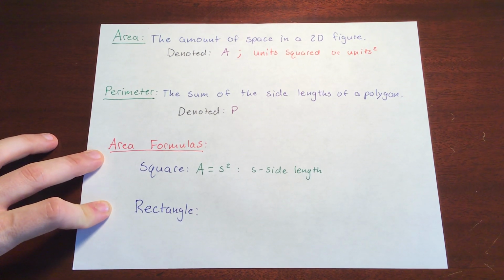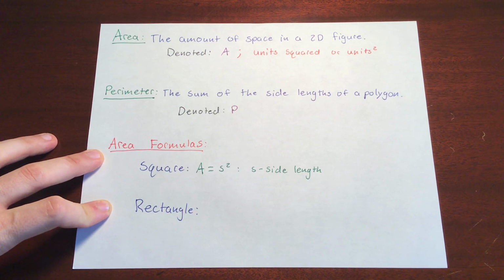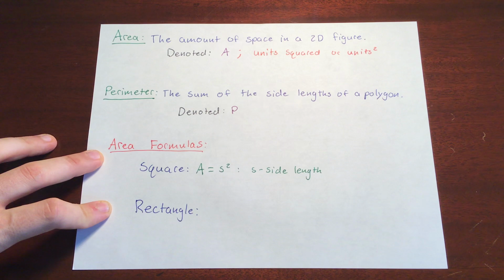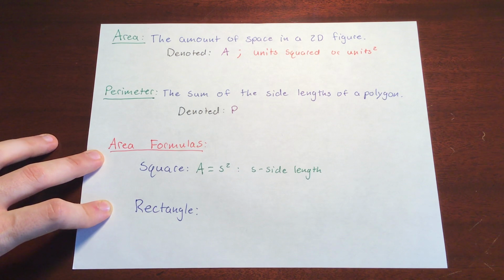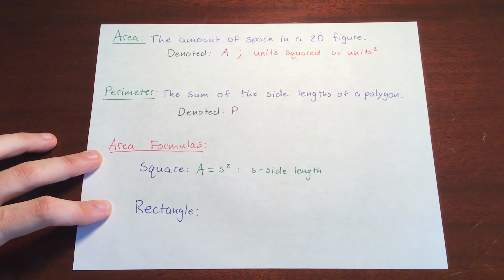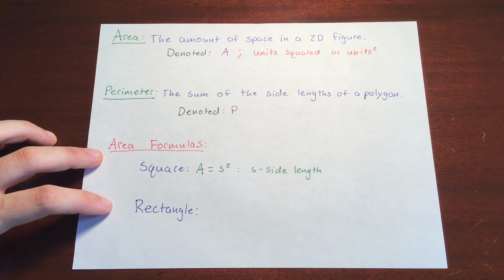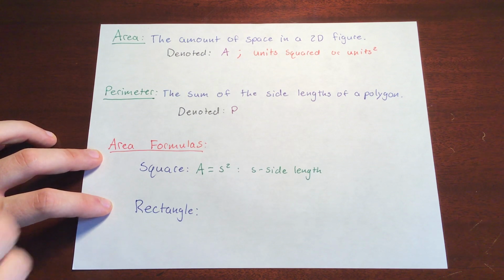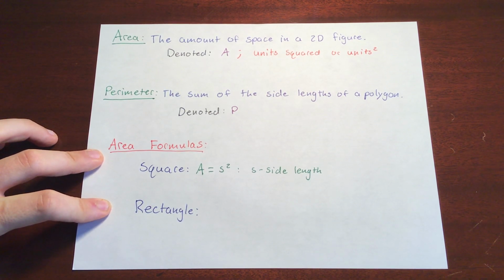We know that area is our base times our height, or our length times our width. In this case, our base is equal to our height, so we just use one letter, S, for our side length. We square it, we get the area.